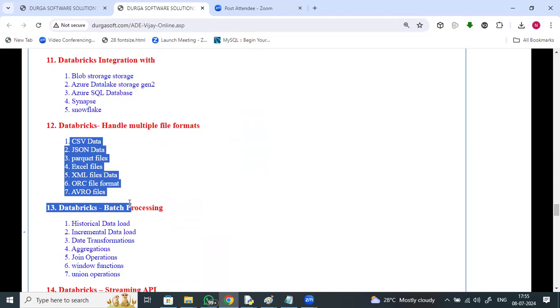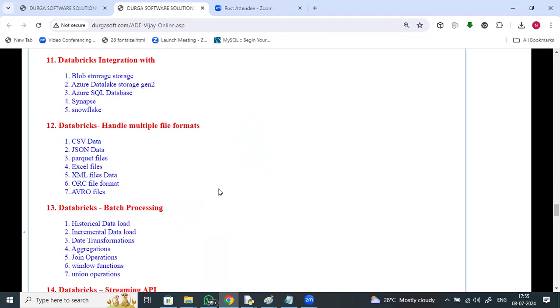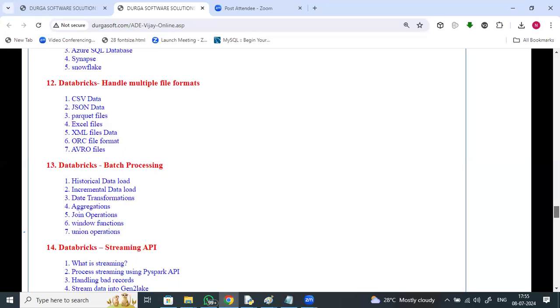Everything goes in the Spark environment, right? Batch processing, incremental loading, different types of transformations, aggregations, window functions, union operations, working with historical data, right?